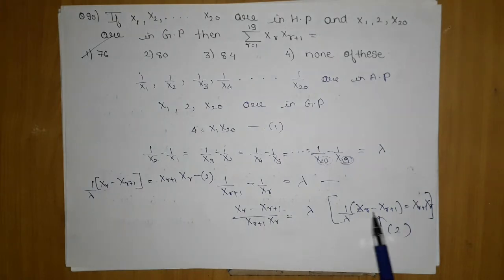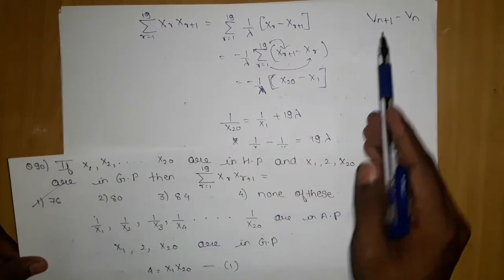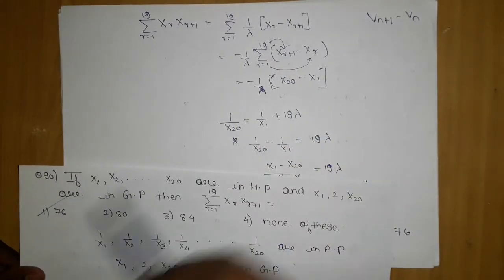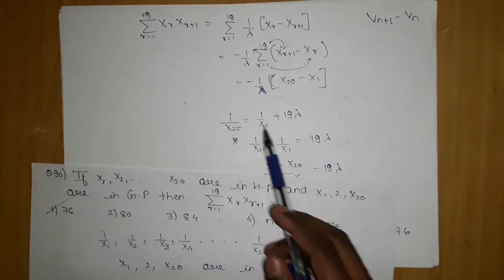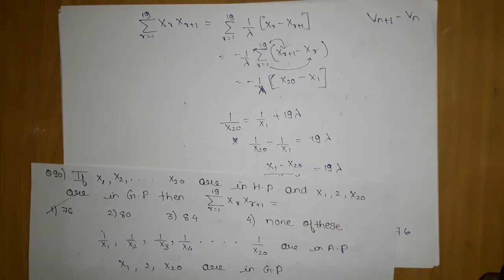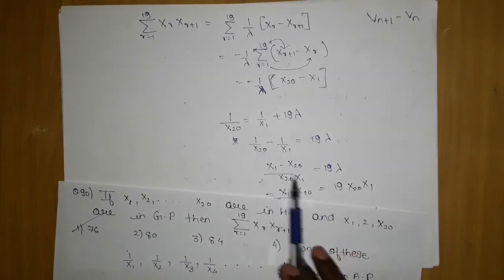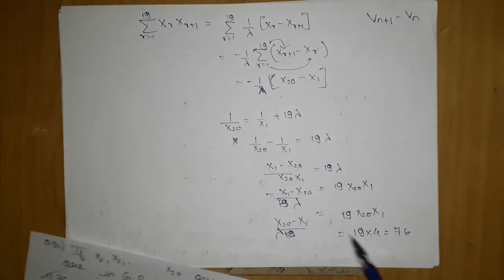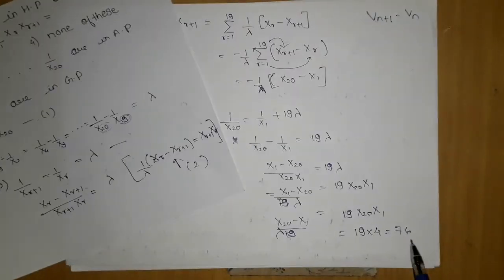We applied the Vn series but were stuck because we didn't know the value of this. Then we got an idea that since it is in AP, 1 upon x20 will be 1 upon x1 plus 19 times lambda, just one less than 20. Then we cross multiplied and got 19 into x1 into x20. Then we substituted the x1 into x20 value from the given condition and got our answer 76.